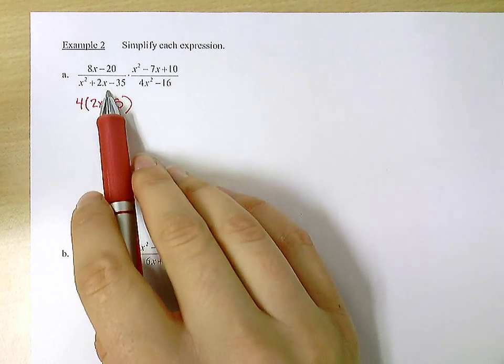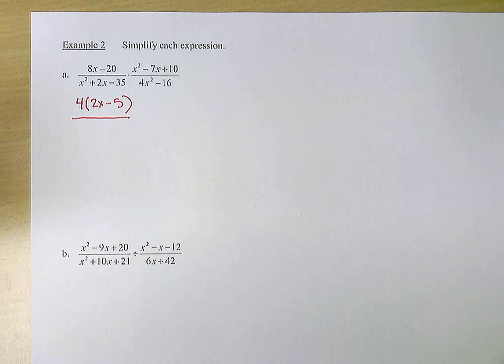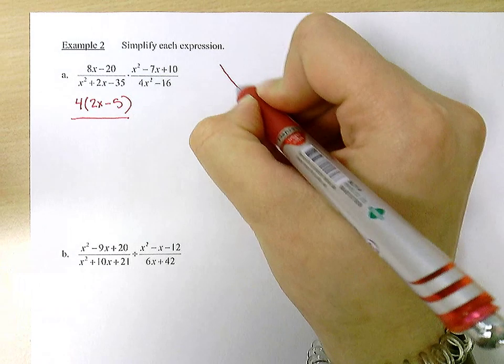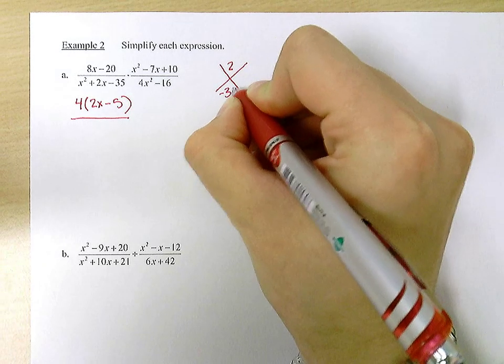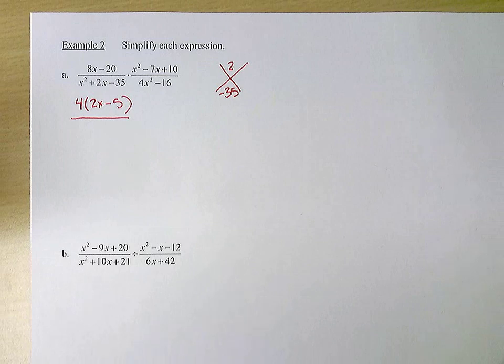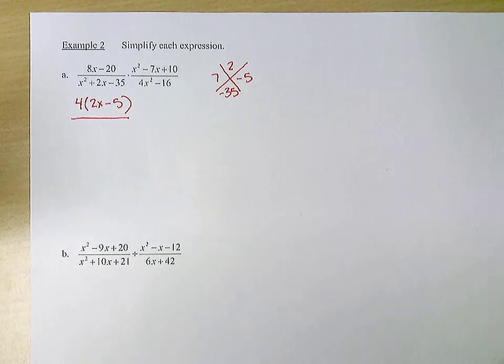Then the denominator, we can factor that one as well. So I would use the x method. So what adds to 2 and multiplies to negative 35? That's 7 and negative 5.